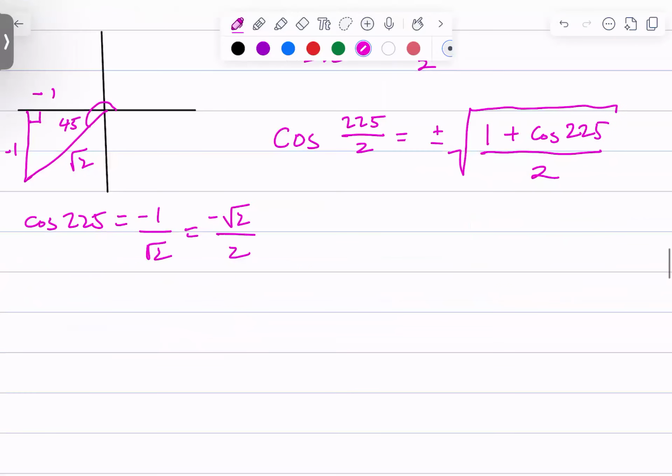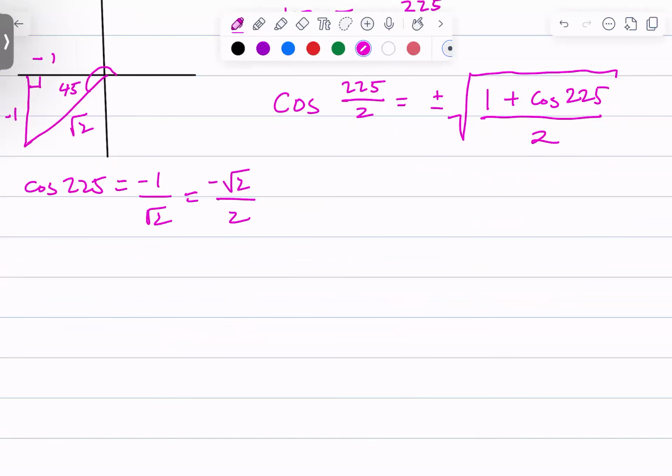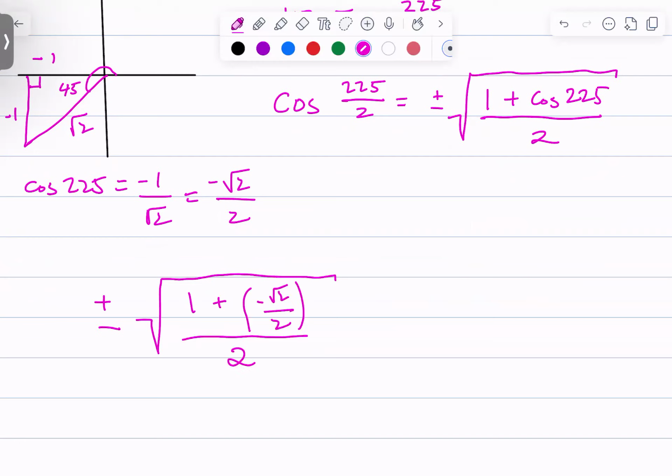So plugging this value inside my formula, it will be plus or minus square root of 1 plus negative square root of 2 over 2, over 2.